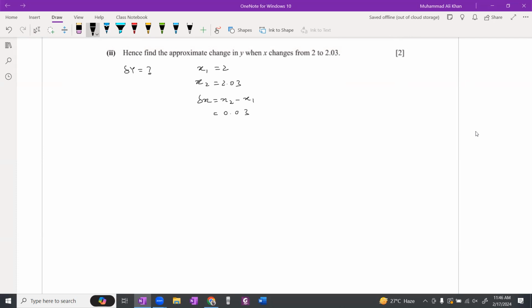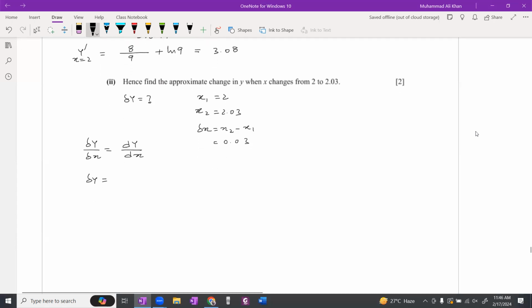As we know, del y over del x equals dy over dx. So del y equals dy over dx times del x. And what is dy over dx? We have to calculate dy over dx at x equals 2. At x1, we can calculate dy over dx, which we previously calculated as 3.08. 3.08 multiplied by del x, which is 0.03.